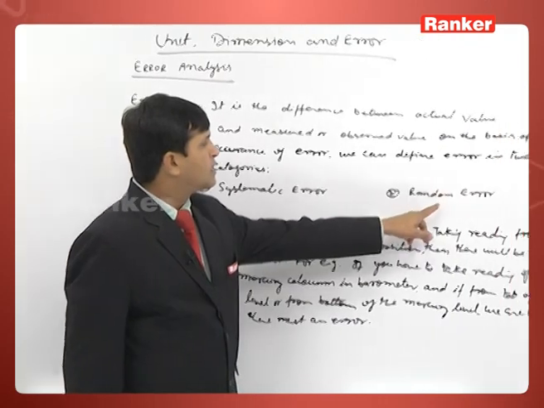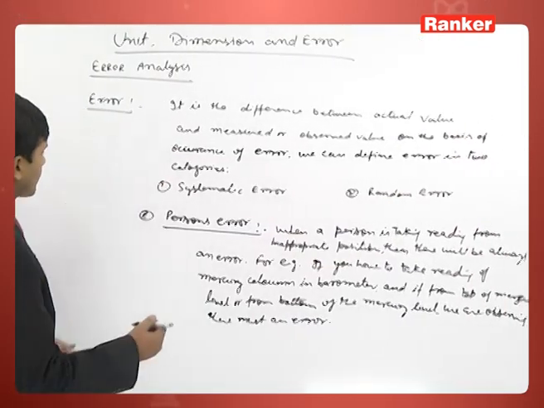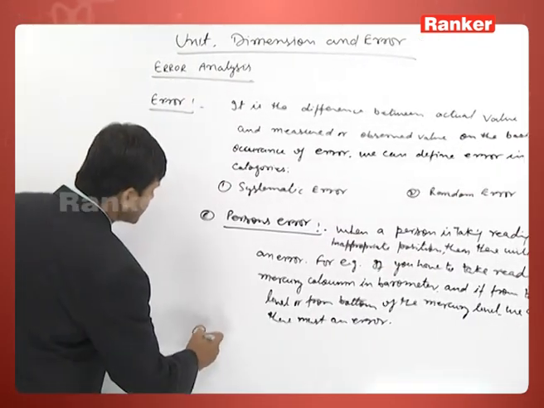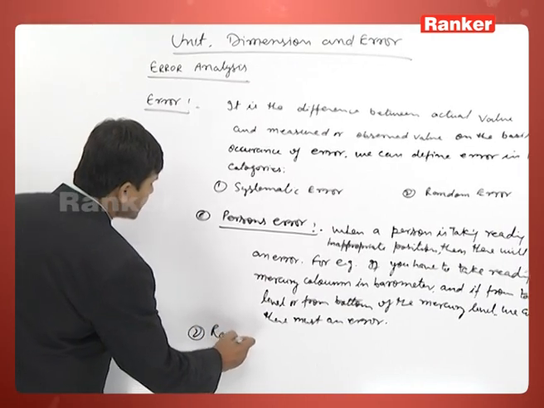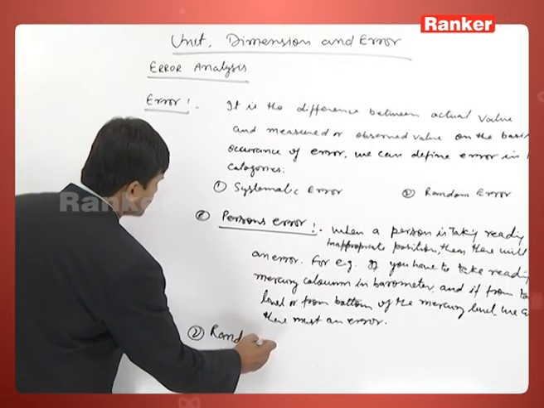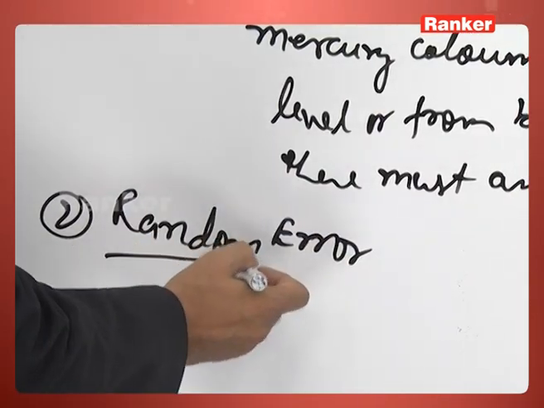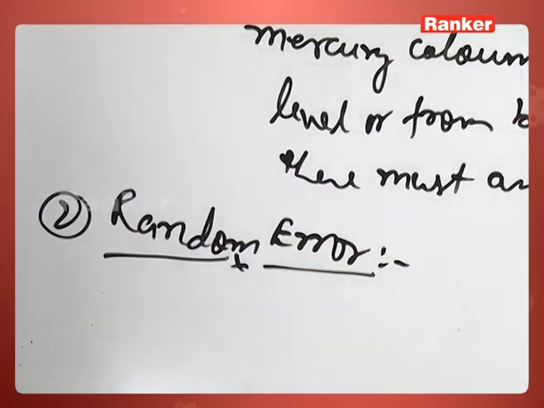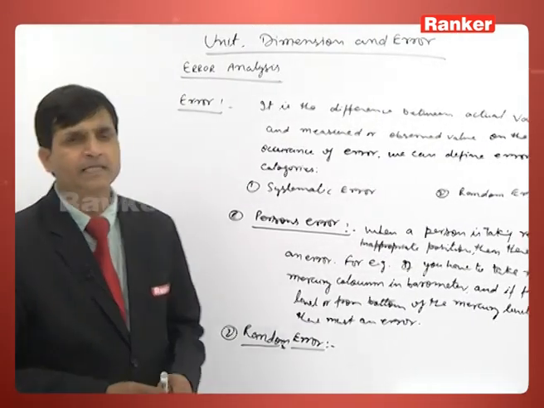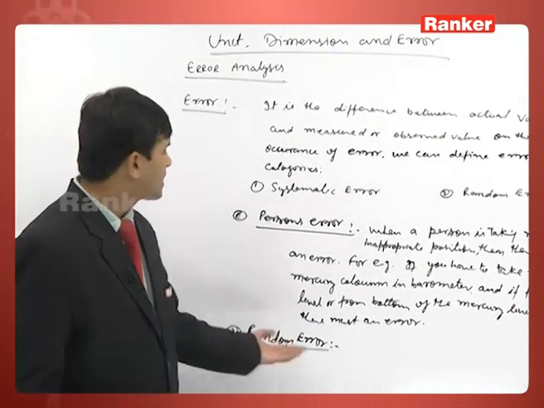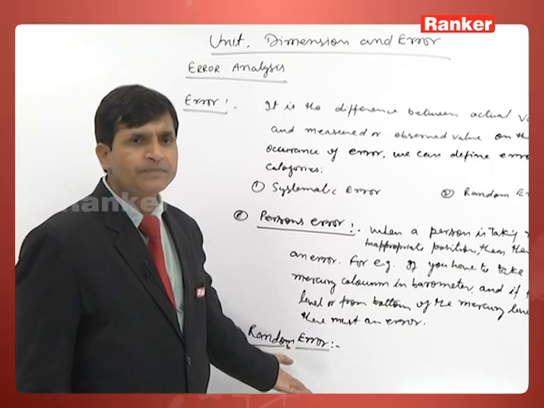Now come to the random error. In the random error, as the name itself suggests, the error occurs randomly. We don't have any idea whether it gives positive or negative, which may be because of carelessness.